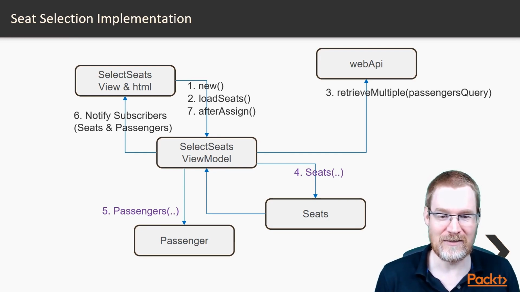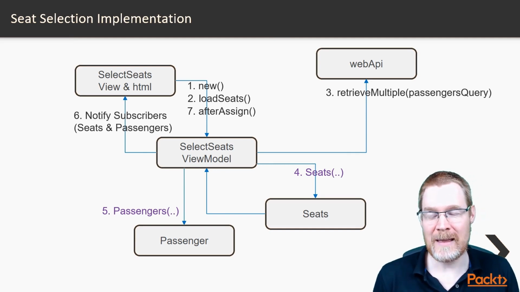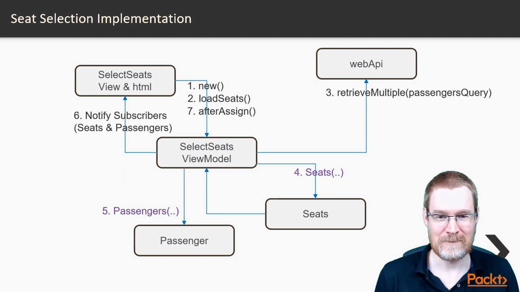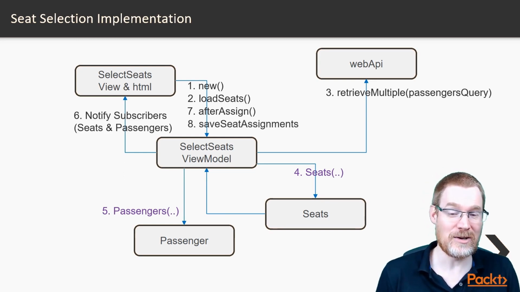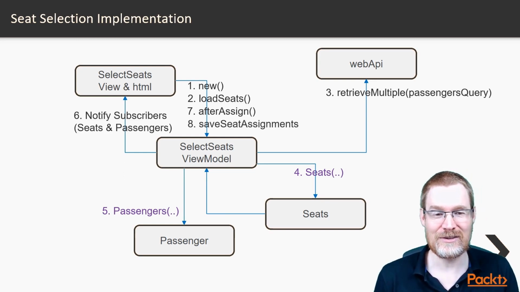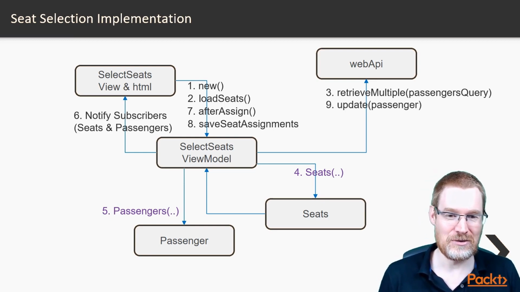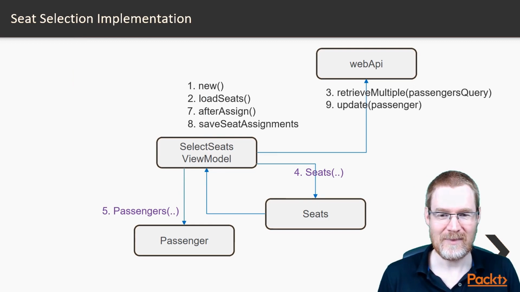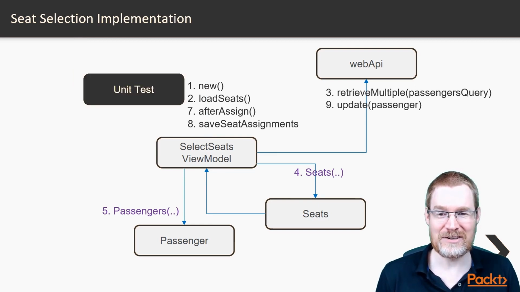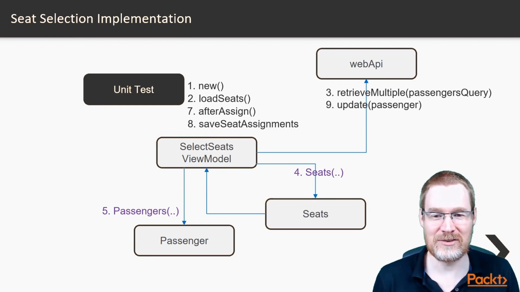And that afterAssign can then set the seat allocation and remember which passengers have been changed. And so when we make a call to save seat assignments, we will pass an update for each of those passengers to the web API. And whilst we do all of this, we're going to create a unit test to simulate a lot of this functionality without actually having that HTML sitting on top of it.